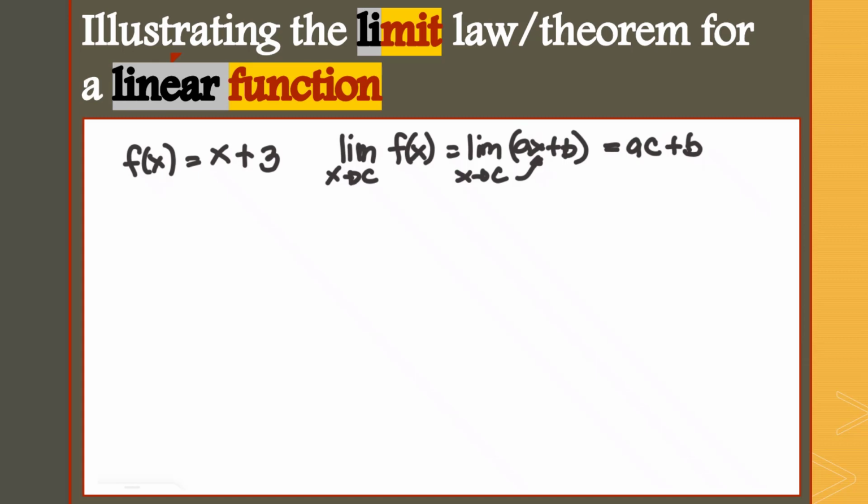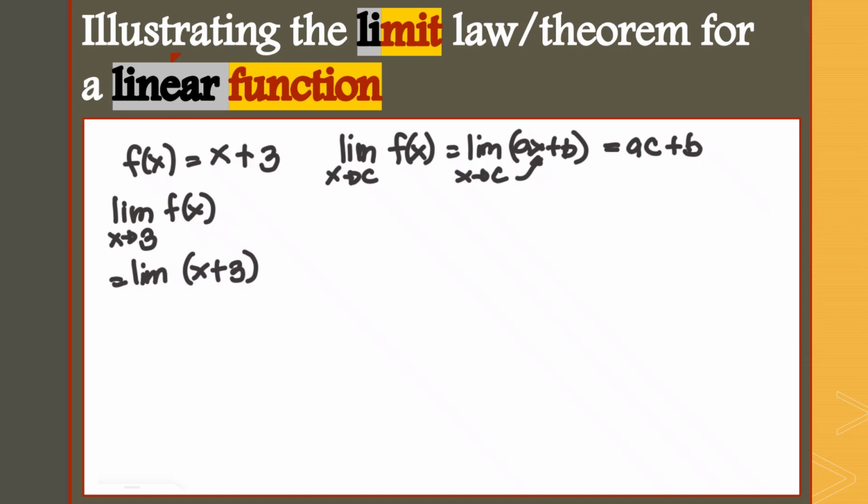Now, if you forget the idea of substitution, you can always go back to the first two limit theorems, the limit theorem of the constant and identity. Just a little inserting idea: as x approaches, let's say, 3, we have the limit of our function, again with parentheses.